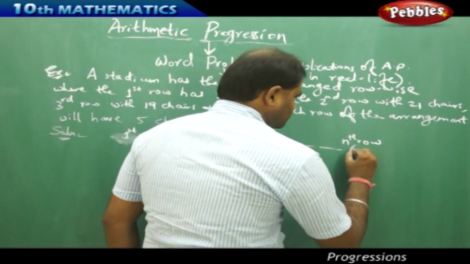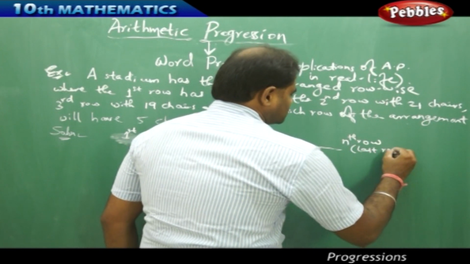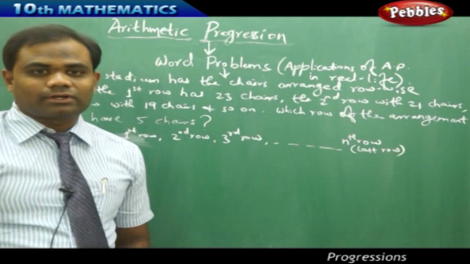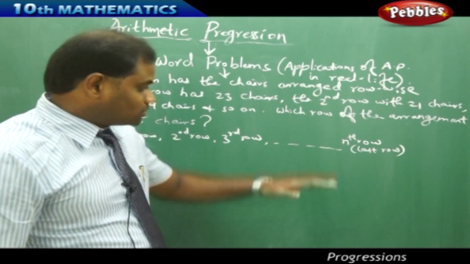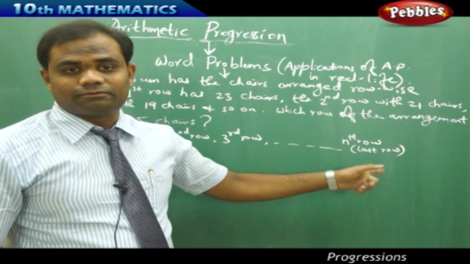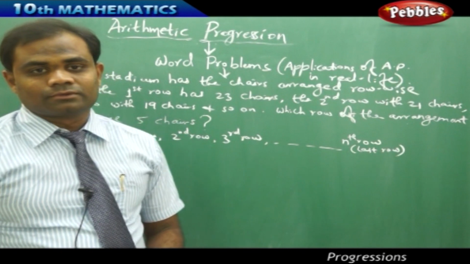But here the nth row is the last row because we cannot have an infinite number of rows. So this problem is an example of a finite arithmetic progression.